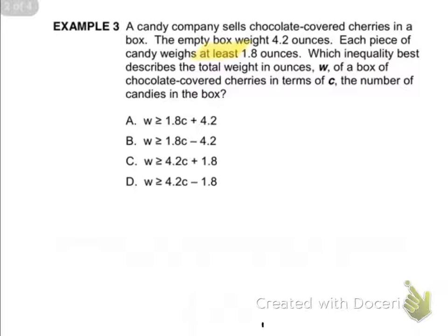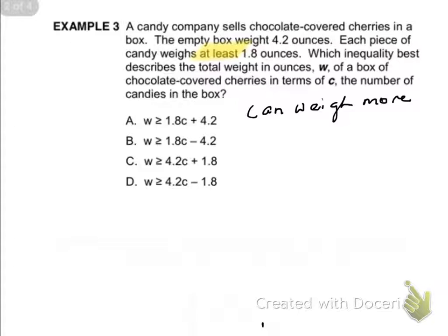So they can weigh more. So that means my weight could be greater than this.